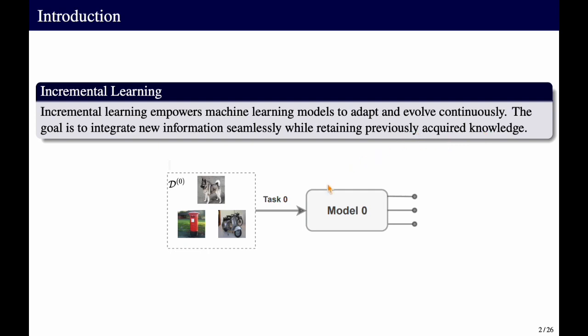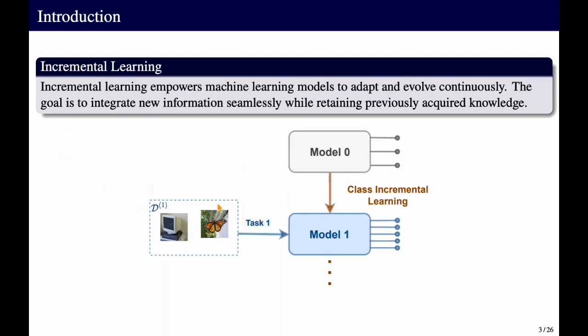Consider a scenario where we initially have a dataset D0 consisting of three classes. The model trained on these classes is denoted as model 0, and this complete training process is referred to as task 0. As time progresses, two new classes become available for training, denoted as D1.